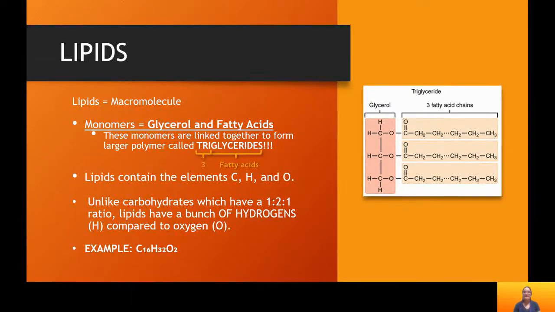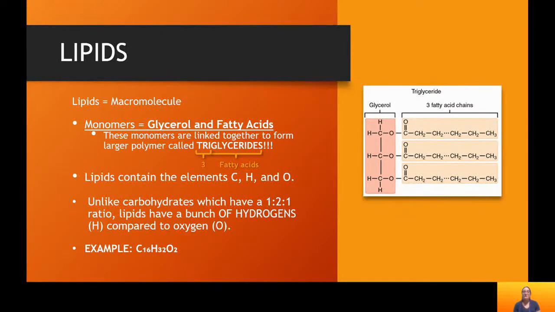However, the most common one that I mentioned earlier, the triglycerides, means there's 3 fatty acids. So that's the picture that you see right there. The triglyceride is just the fact that there's 3 lines of it, right? But all you need to make the monomer is 1 glycerol and 1 fatty acid chain.